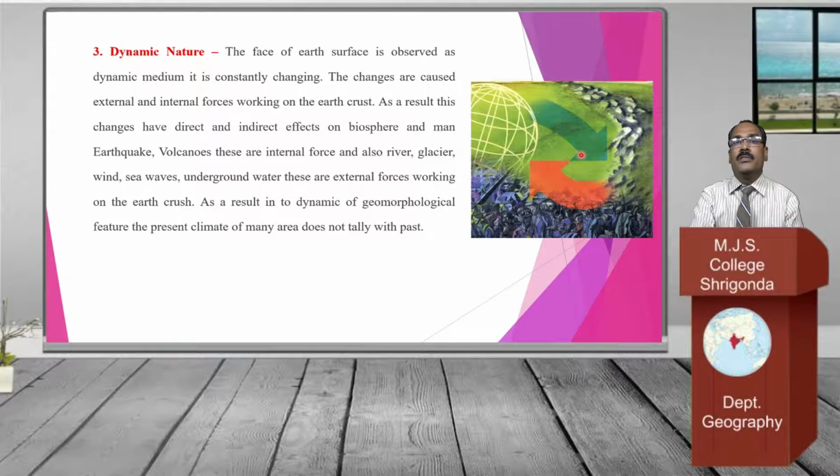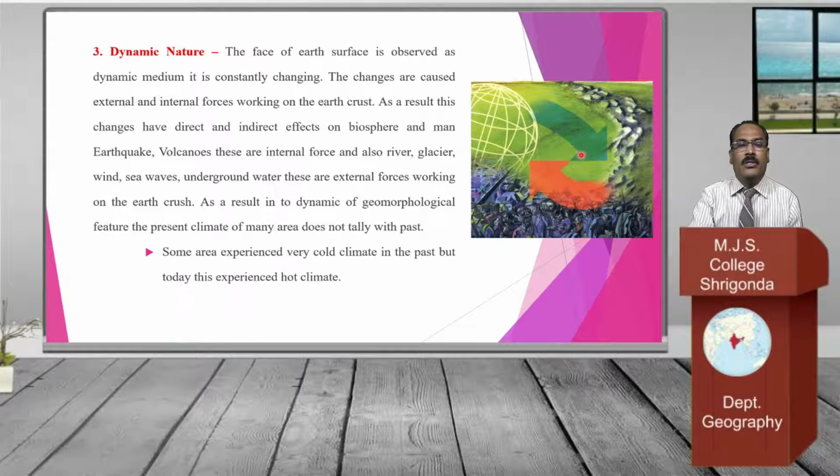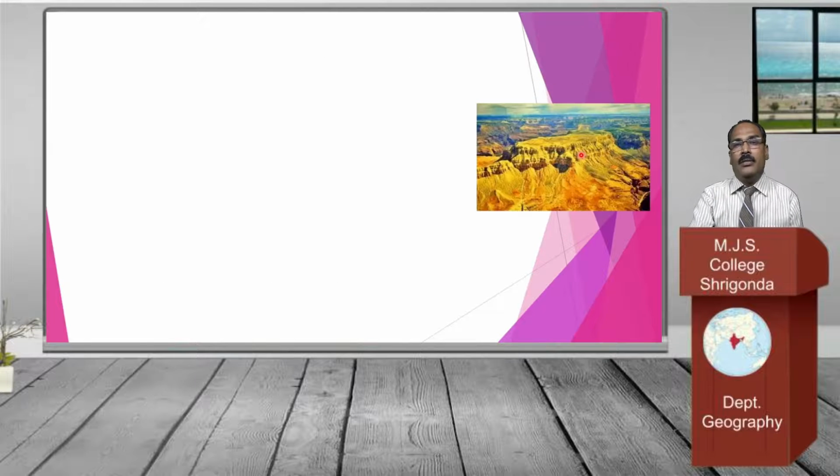Today's features and past features do not match because of the continuous change in these features. Some areas experienced a very cold climate in the past, but today experience a hot climate.